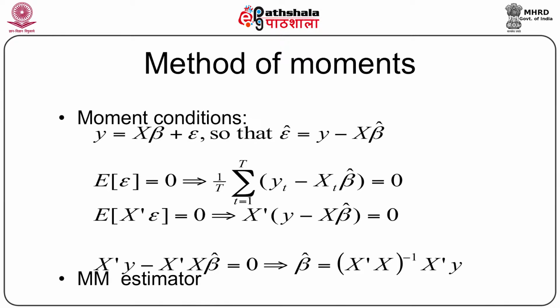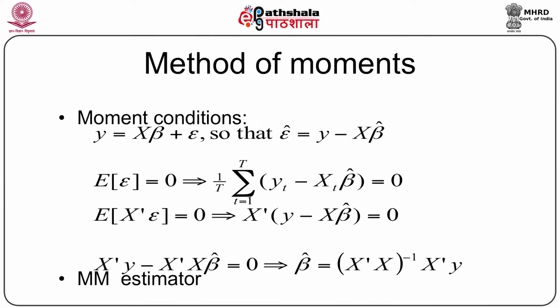Now, let us take the simple regression model y equal to x beta plus epsilon. Using the OLS estimate, you can get the estimated residual, y minus x beta hat. In the next step, we will use the two population moment conditions. First of all, expectation of epsilon equal to 0.